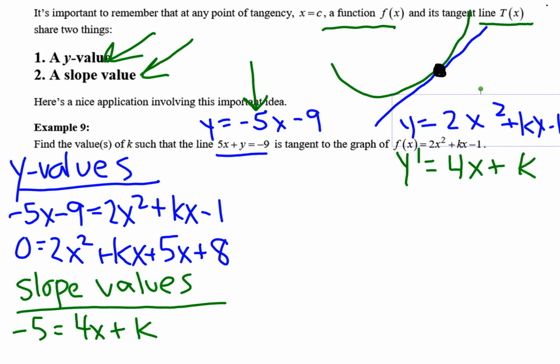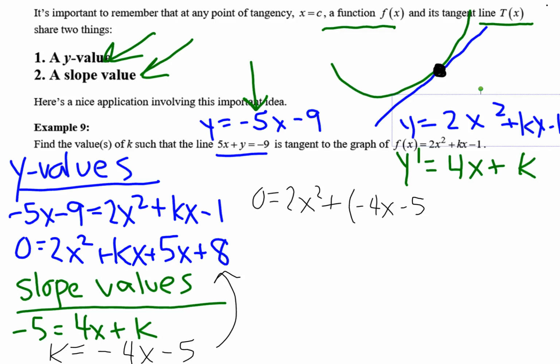So I guess, since we're trying to find the value of k, we'll solve for k. K equals negative 4x minus 5. Okay, now we substitute it in here. 0 equals. Okay, instead of k, we're writing negative 4x minus 5.